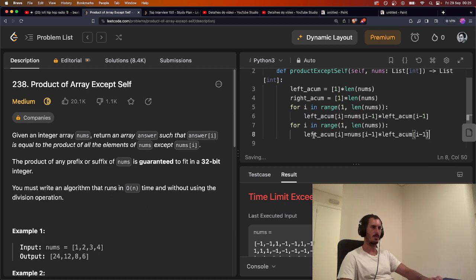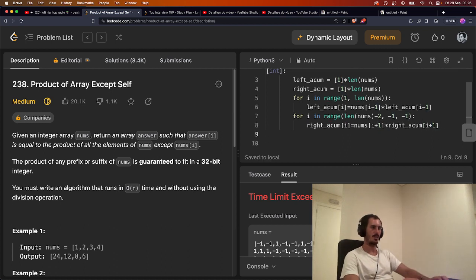Then we do the same thing for the right one. But in this case, we're iterating from length of nums minus 2 all the way to minus 1. The step is minus 1. So this means we want to go to 0 inclusively. So right accum of i equals nums of i plus 1 times right accum of i plus 1.